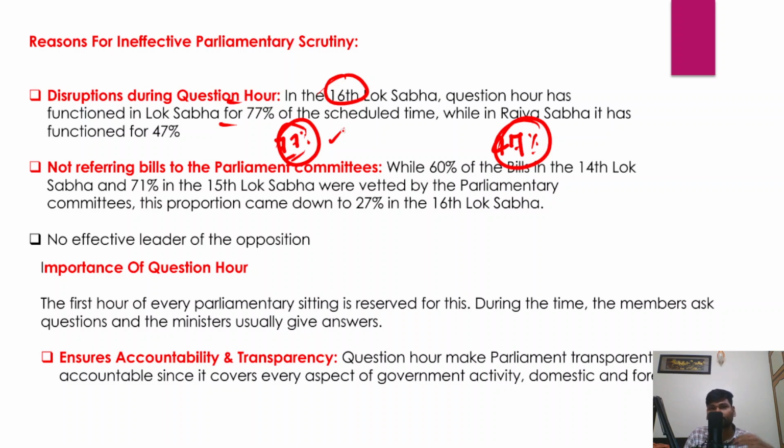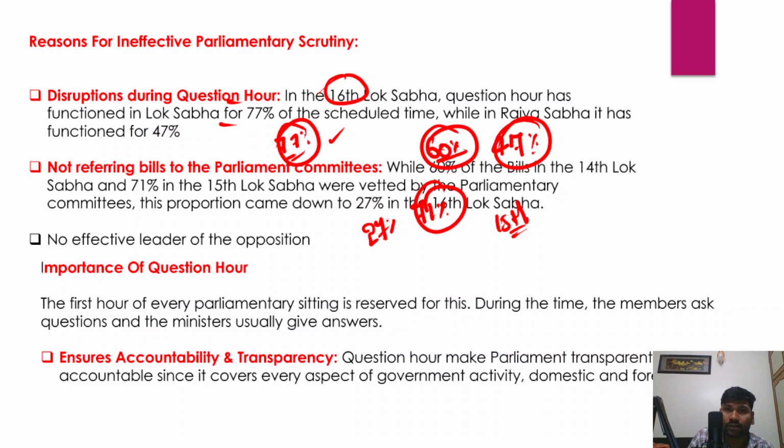And in fact, the government or the Speaker of the House is also not referring bills to the parliamentary committees. This is another major problem resulting in ineffective parliamentary scrutiny. While 60% of the bills in the 14th Lok Sabha and 71% of the bills in the 15th Lok Sabha were vetted by the parliamentary committees, this proportion of bills referred to the parliamentary committees for scrutiny has come down to 27%.